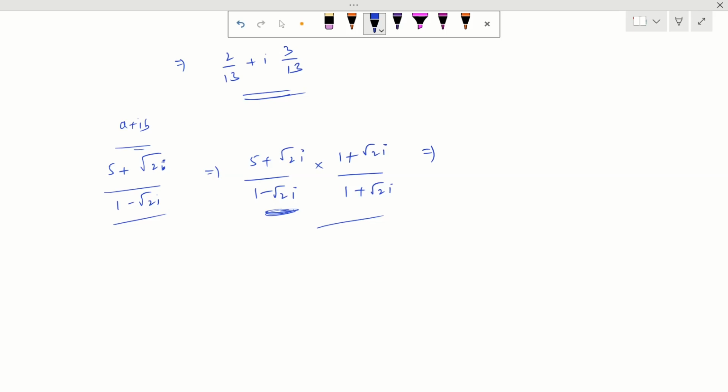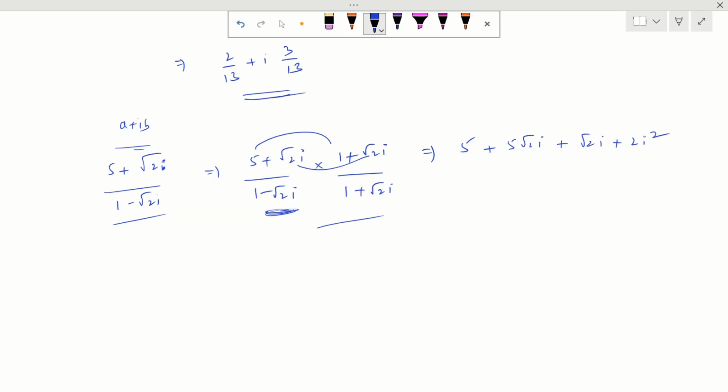So now we need to multiply this out. 5 into 1 is 5, and 5 into root 2i is 5 root 2i, and root 2i into 1, and root 2 into root 2. Root 2 into root 2 is 2, times i square.